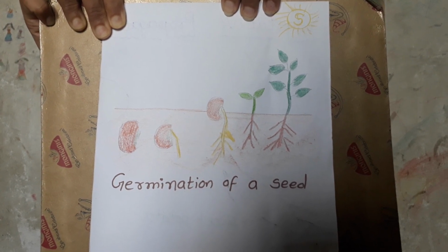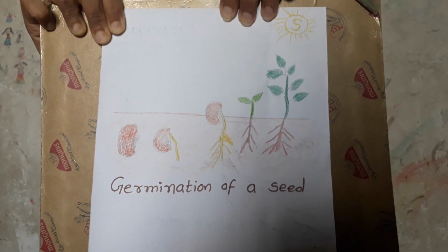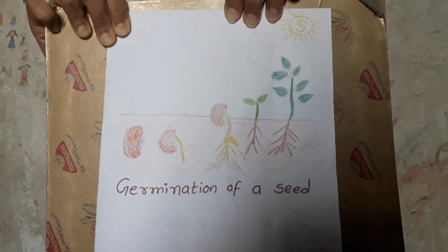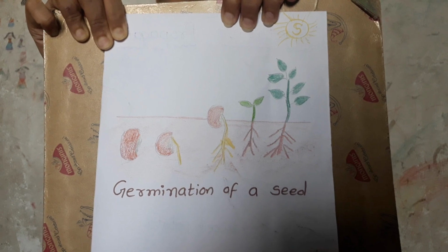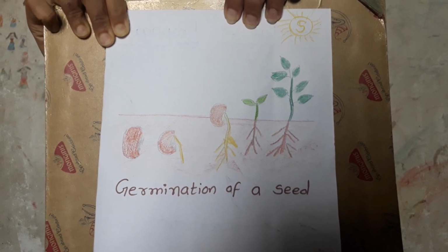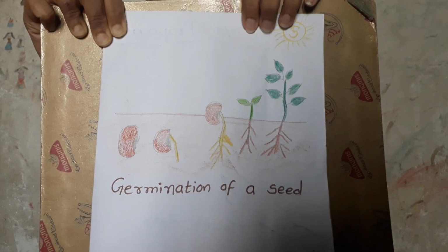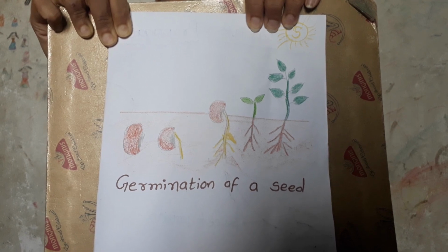For this activity, you need a flower pot and seeds. Take healthy seeds, dig the soil in your flower pot, sow the seed, add some water, and keep it in proper sunlight. Proper sunlight, otherwise your seed will not germinate, right?